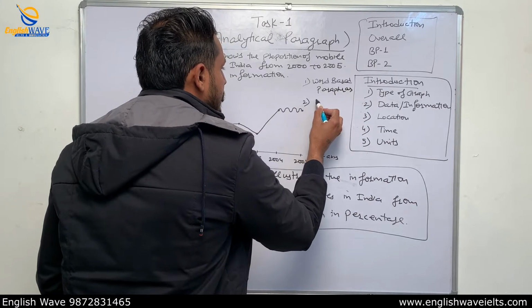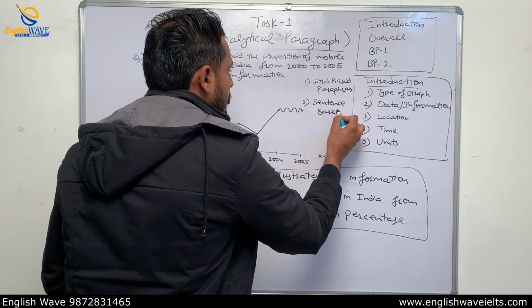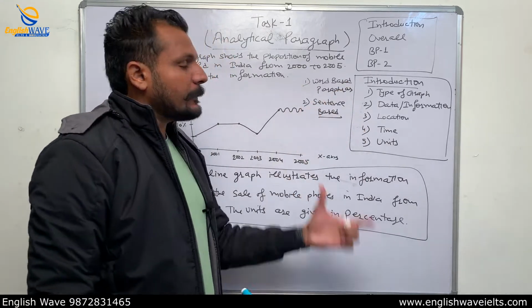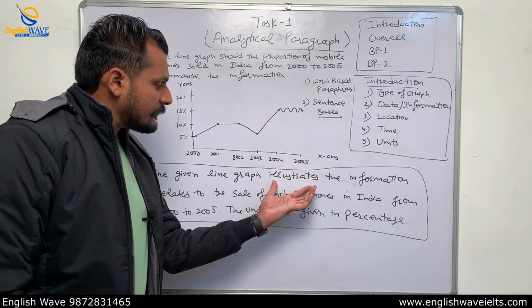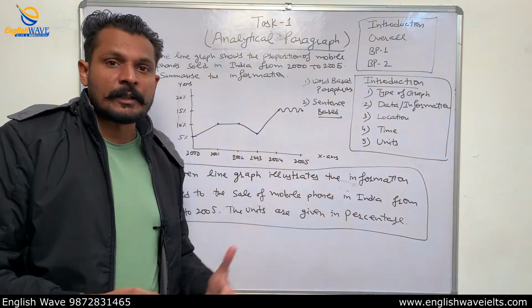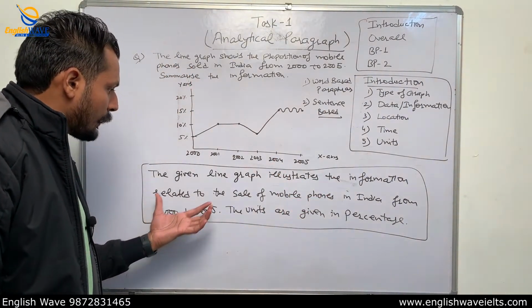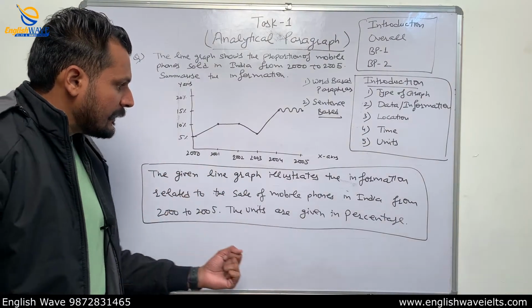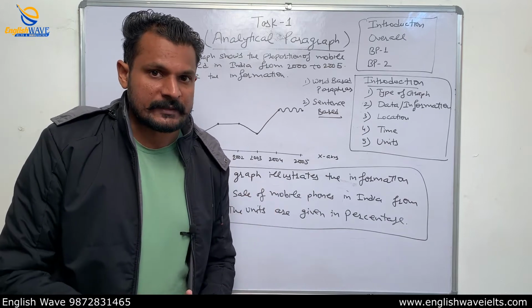Second is sentence-based paraphrasing. In the word-based paraphrasing, what we are supposed to do, that instead of this word, what other word can be used? What are the synonyms of illustrates? What are the synonyms of related to? What are the synonyms of line graph? Synonyms of percentage? Means we have to replace the words.